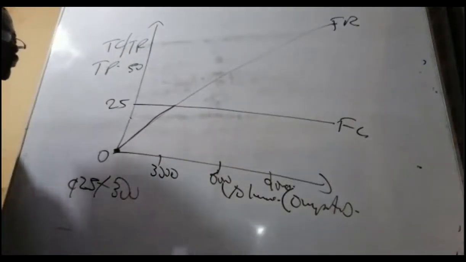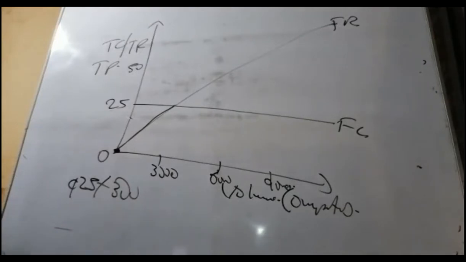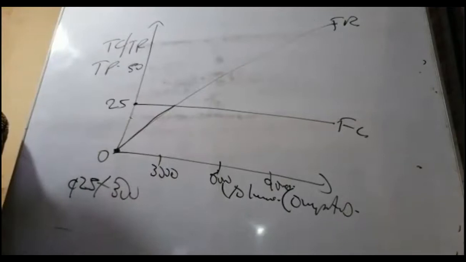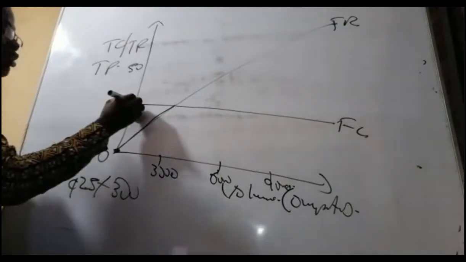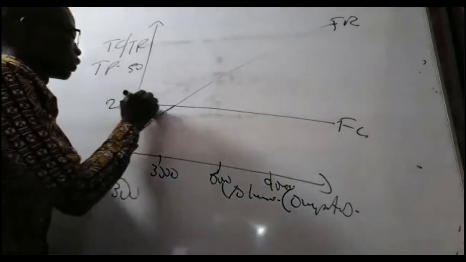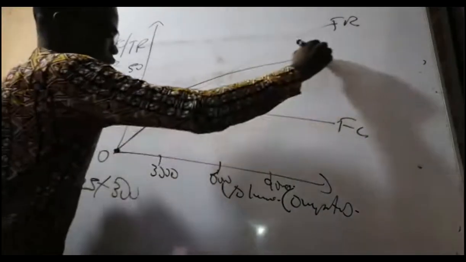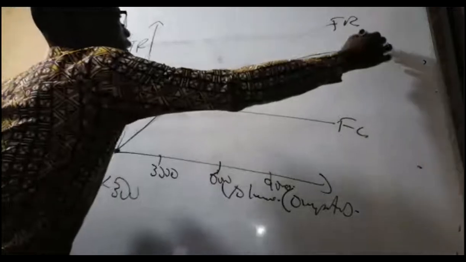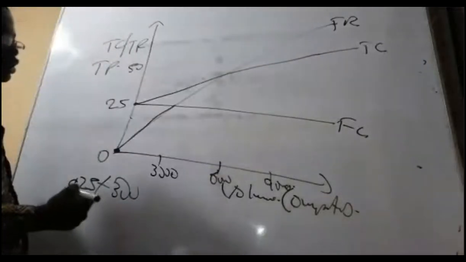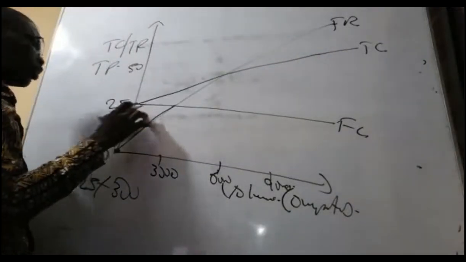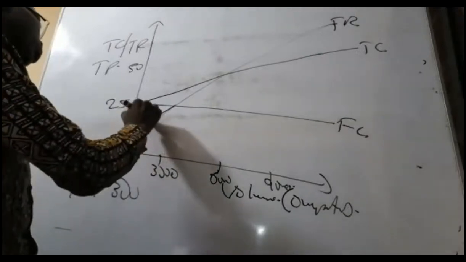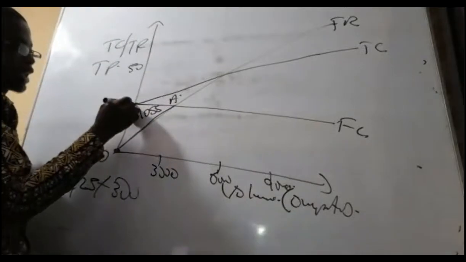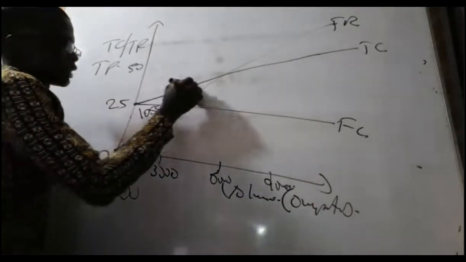Okay. Then go to your total cost. Total cost also starts from here, where the fixed cost also starts from. So you go, something like this. Then total cost. So all this section is called loss area. This is loss, where the total cost is more than the total revenue.